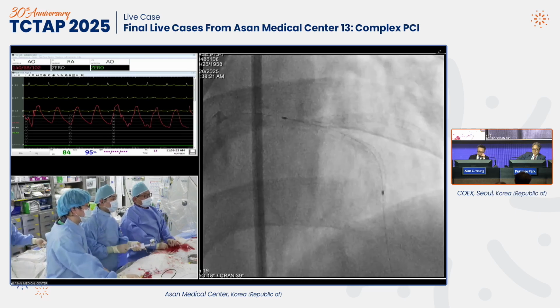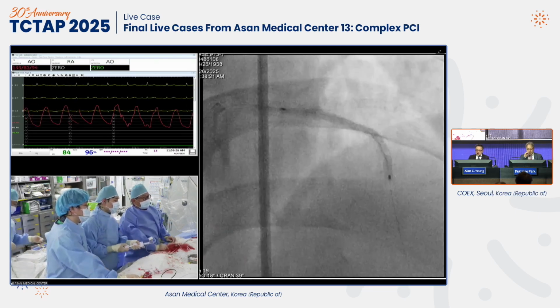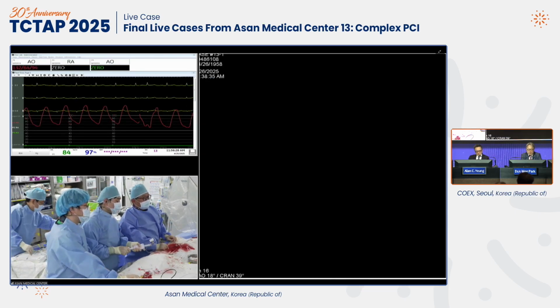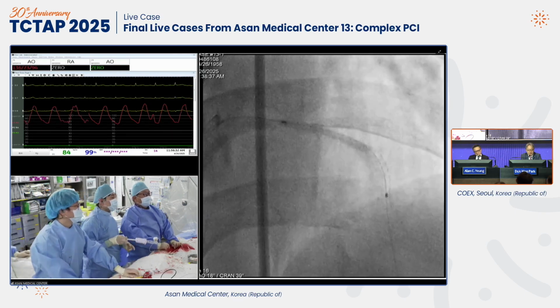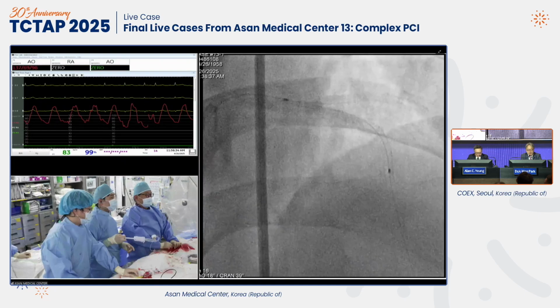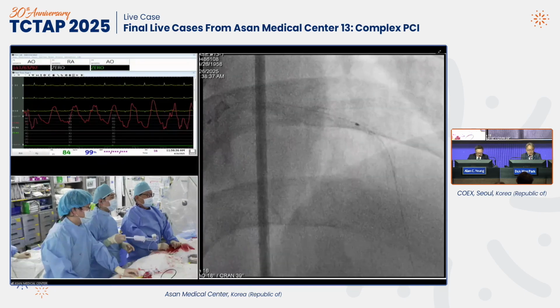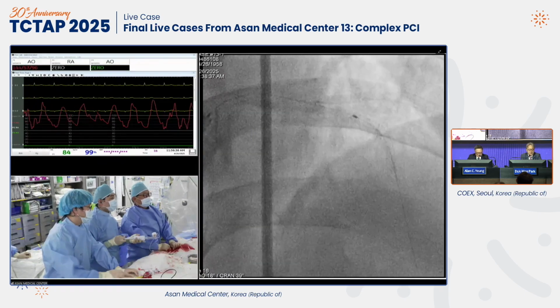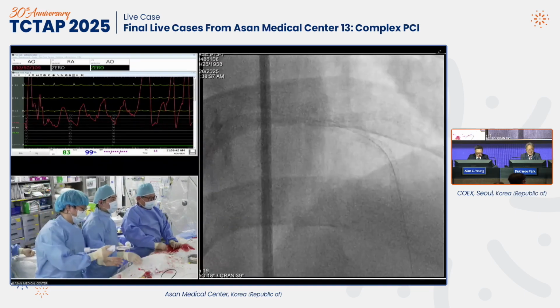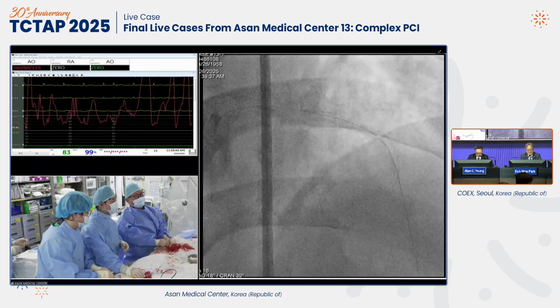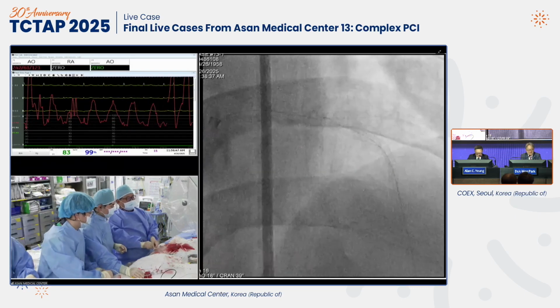10, 14. Jung-Min, for the true bifurcation region, do you do 100% imaging guided PCI? Yes, already 100%. You use IVUS, and sometimes you're going to use the OCT for the true bifurcation region. Frankly speaking, I'm sorry to Abbott, but my preference is IVUS. OCT, we can, yeah.